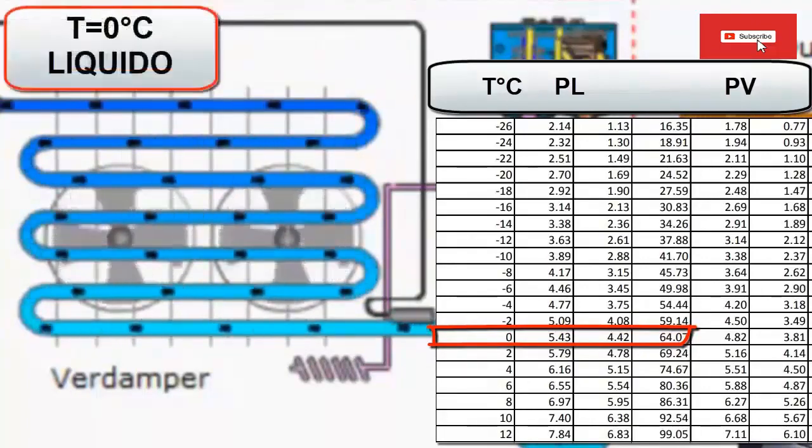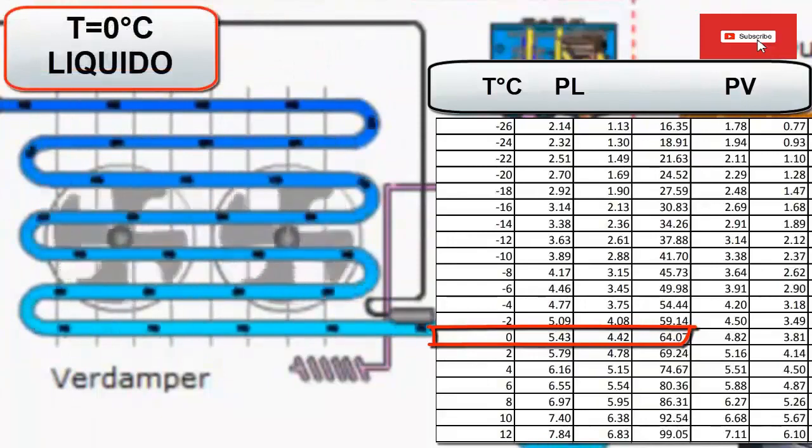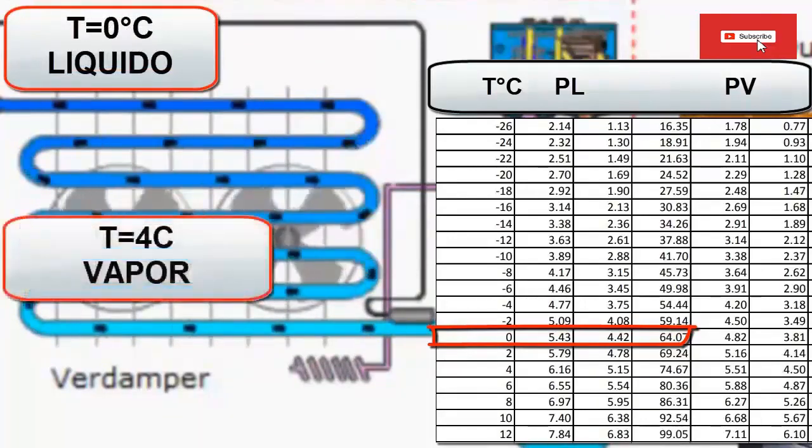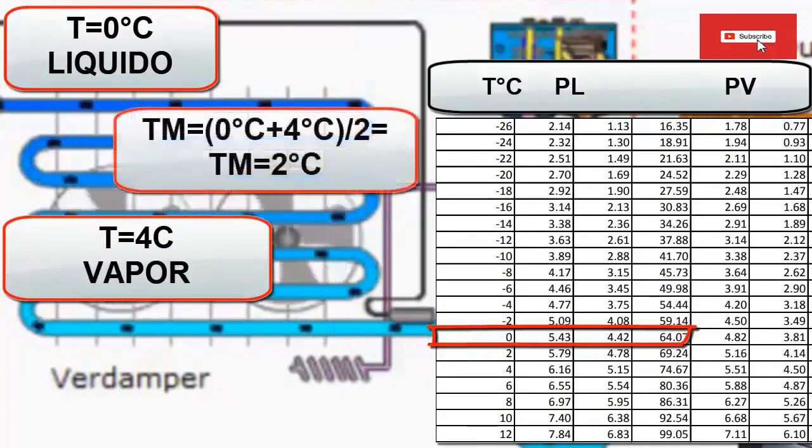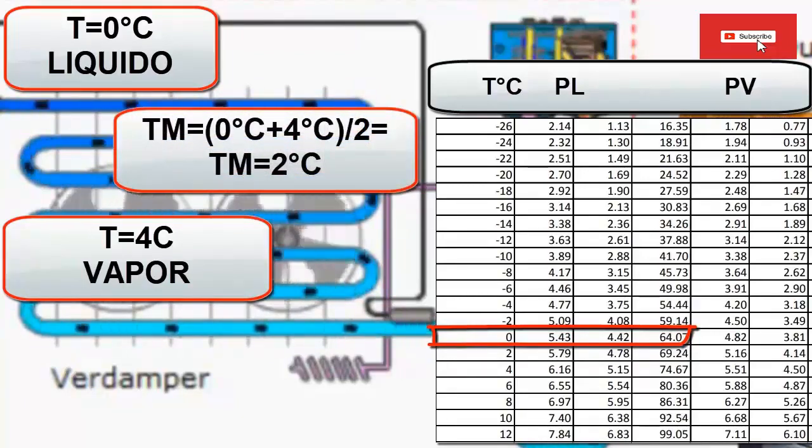With the same pressure, we look for the outlet temperature of the saturated steam, which as we have seen has a value of 4 degrees Celsius. To find the average evaporator temperature, we look for the average temperature between these values, which results from adding them and dividing them by 2. The result is 2 degrees Celsius.